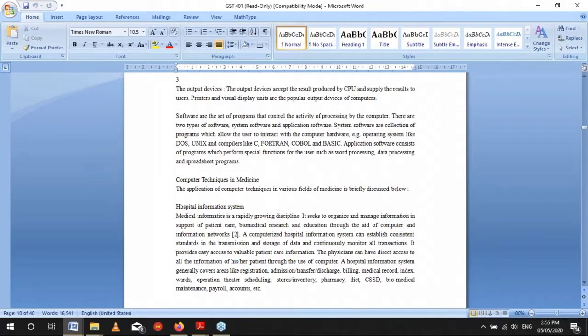Don't bother yourself with all these names. Just understand that system software are a collection of programs which allow the user to interact with the computer hardware, e.g., operating system. Just leave it like that.